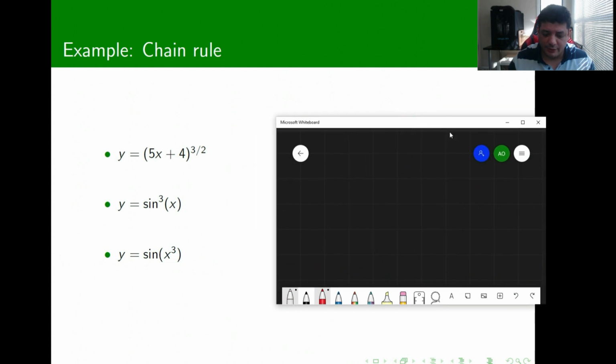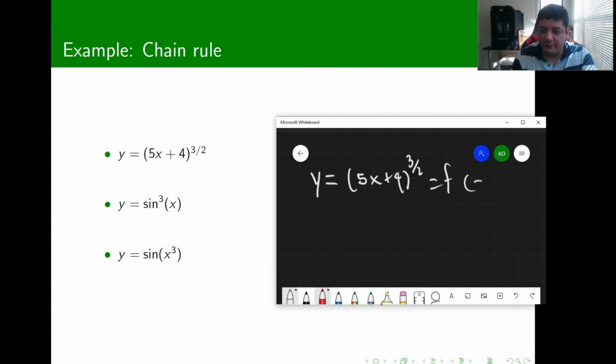So first, we're going to have the function y equals (5x plus 4) to the 3/2. Okay? So I can identify who the functions are. If this is supposed to be f composed g, clearly the function f of x, or let me call it f of u, is going to be the function u to the 3/2.